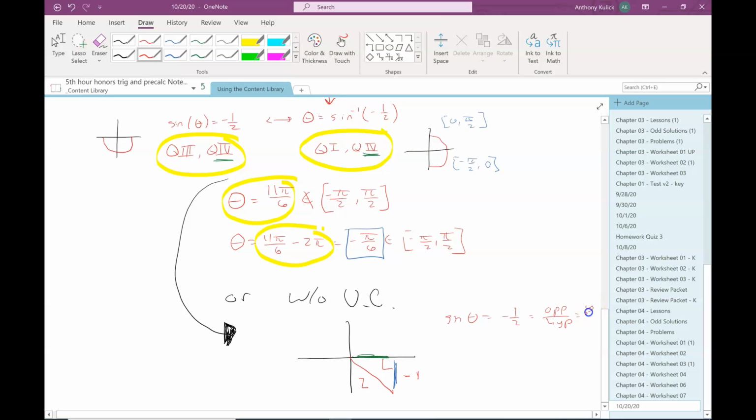Or you could think about it as y over r, if you prefer that definition. We talked about how those are really equivalent. So far, so good?